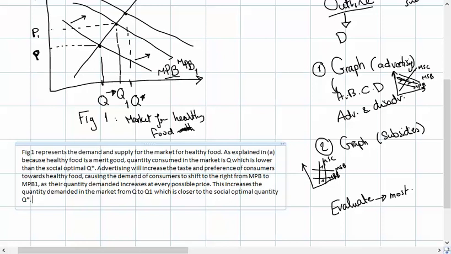Now, let's explain the effect of this in terms of advantages and disadvantages in the market.